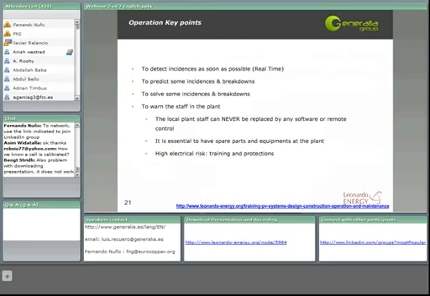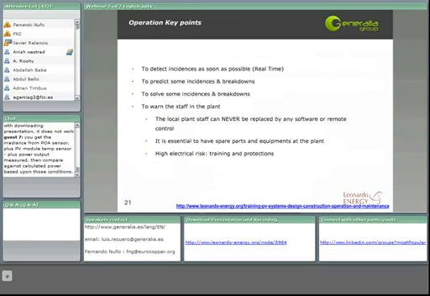The key points to get the best operation of our solar PV facility are detecting the incidents in real time, and predicting and solving as soon as possible all the incidents and breakdowns.